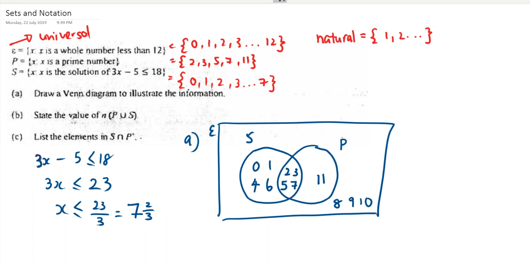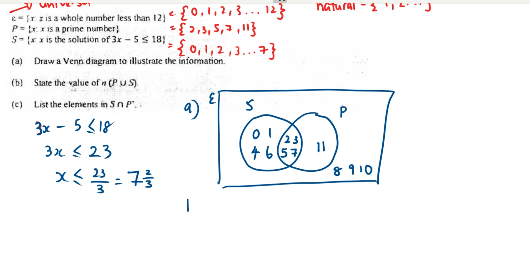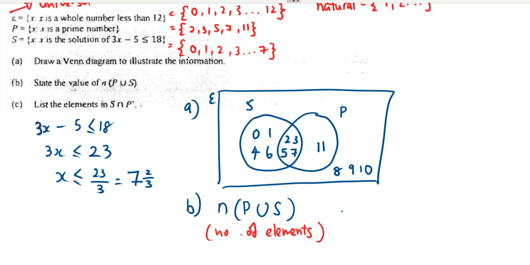For part 2 they want the value of n of P union S. This means the number of elements, so how many elements are there in P union S. What does union mean?